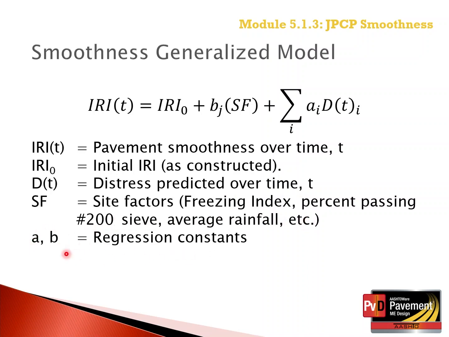And then the regression constants, A and B, of the dependent variables. So the IRI was predicted over time based on the initial IRI, a combination of site factors, and then how the distresses increase over time.